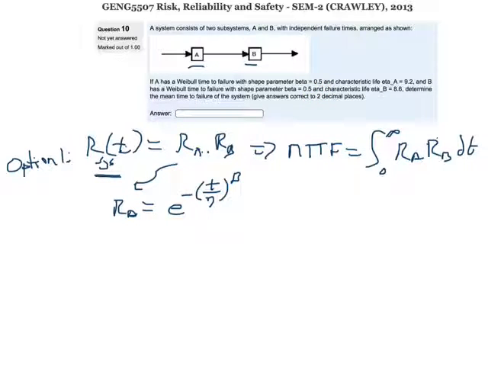In other words, they're the same shape. There's actually a formula for working out mean time to failure directly, and that is given by equation number 105 in our sheet.